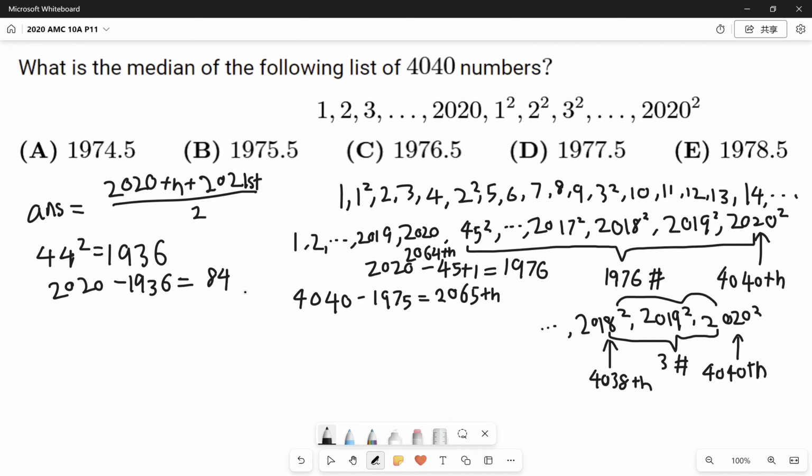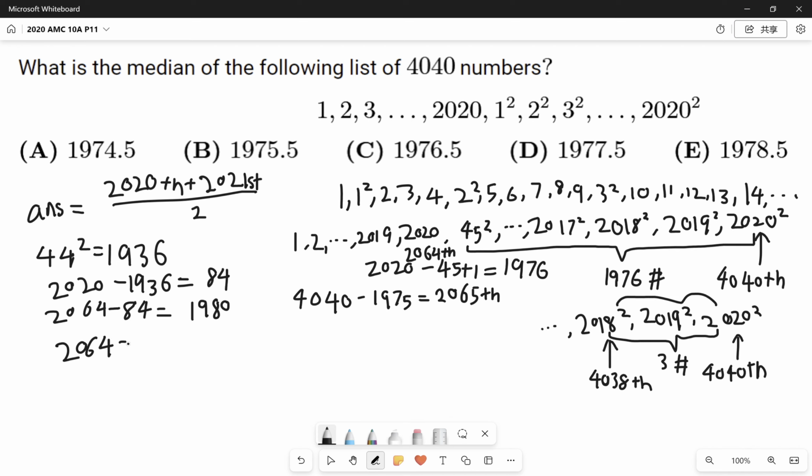Well, we need 84 jumps. And when we subtract 84 from 2064, we get 1980, which is before our median numbers. So we don't have to worry about any square numbers disturbing our calculations. We only have plain integers here. So we can just start counting.